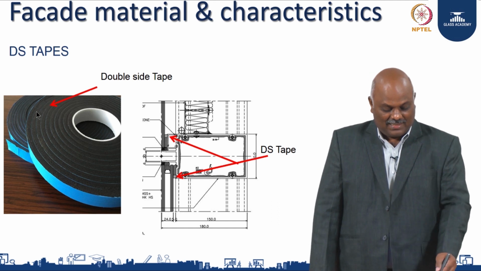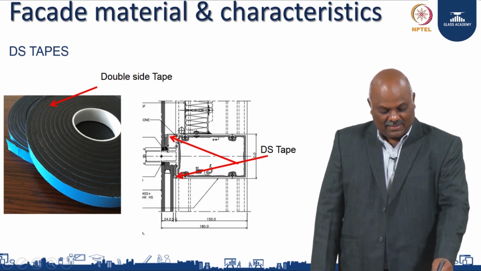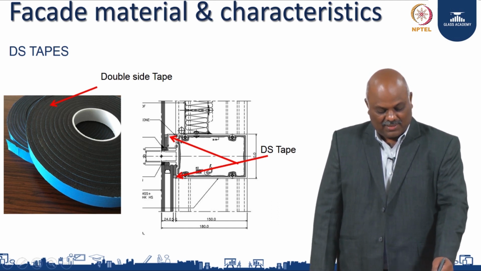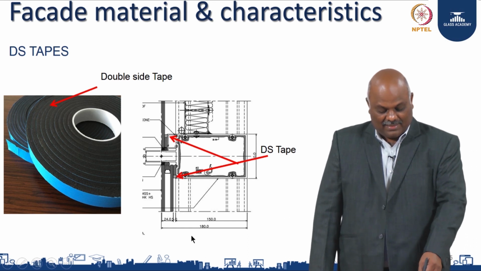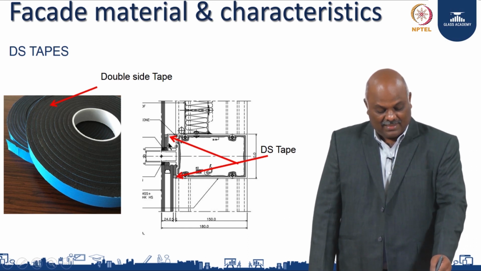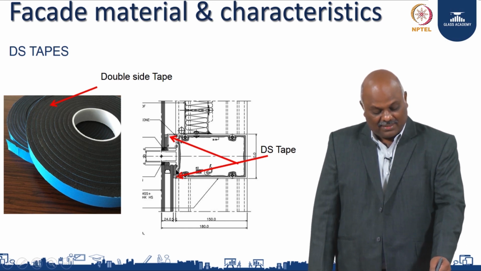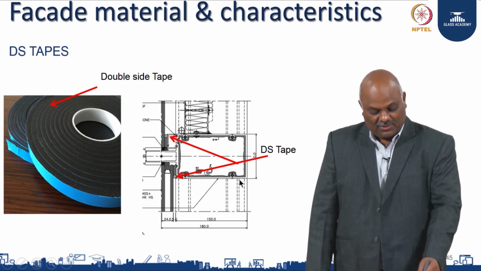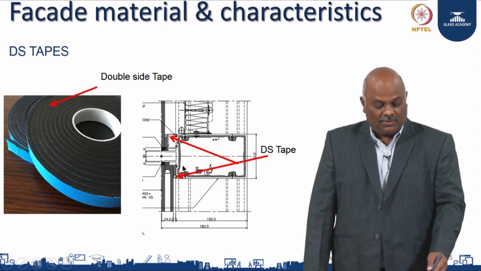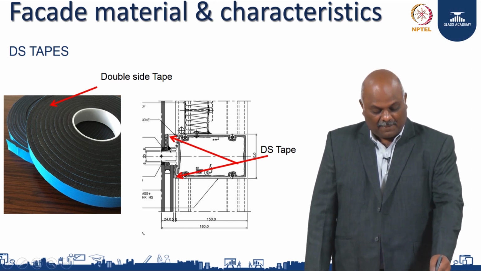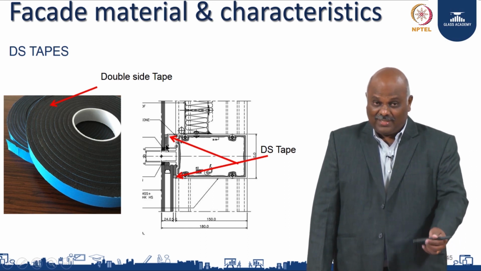To create that, yes, if you see here, this is what they call a structural sealant. We will see them in the next few slides. This is the glue they use to glue the glass or any other material to your main system, what you see here. To get this sealant there, you need a space.